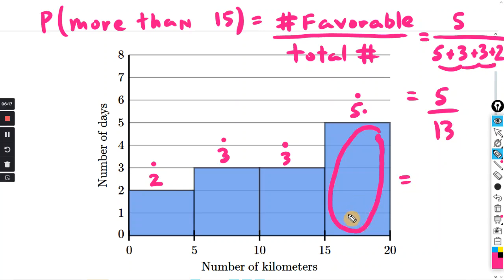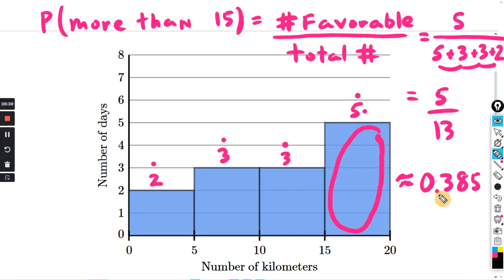Now, their answers are probably in percentages, so I'll do 5 divided by 13. And rounding off, and I'll use squiggly lines because I'm rounding off, I get 0.385. You could probably round off to 2.